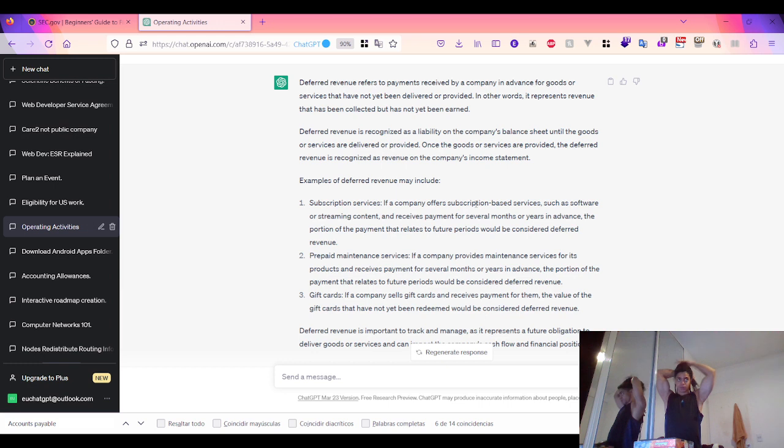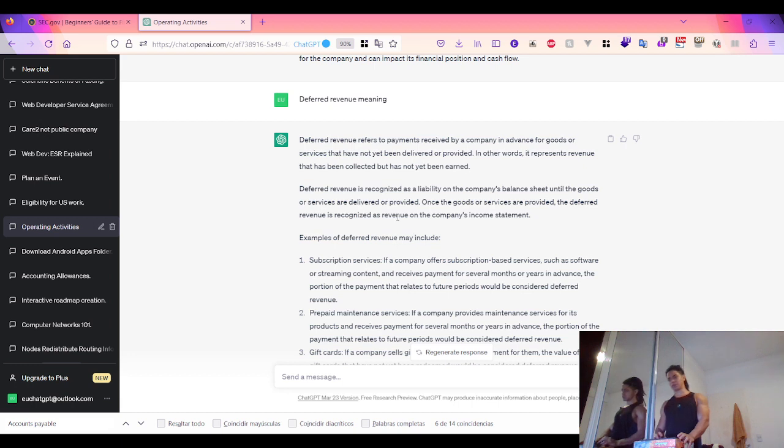But from the company perspective, this represents a liability because it's money that you have collected. Even though you collect the money, you have to provide the goods and service over a specific time.